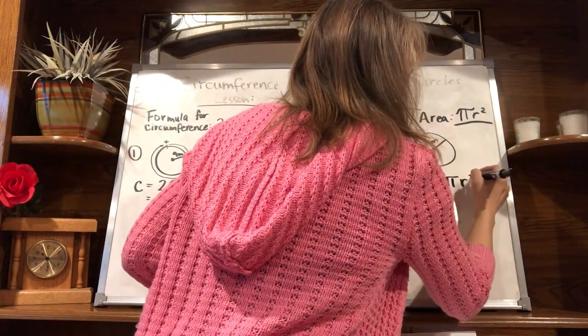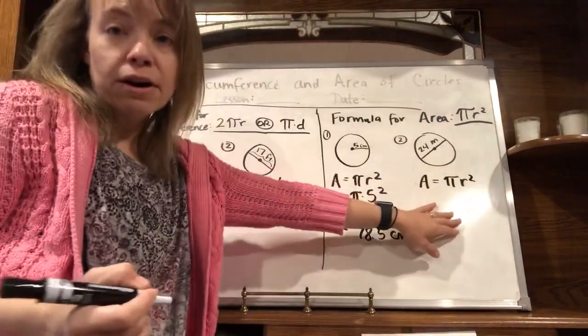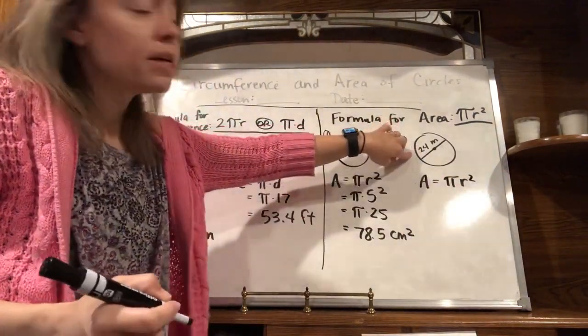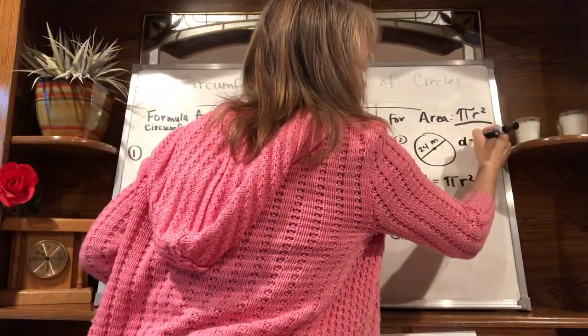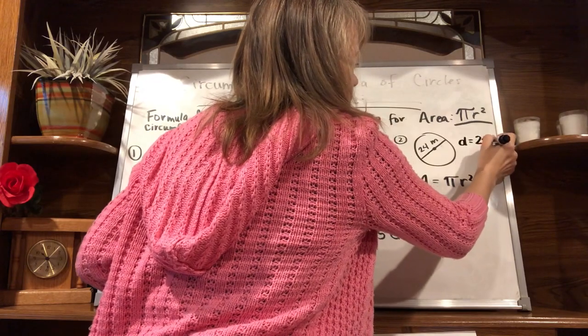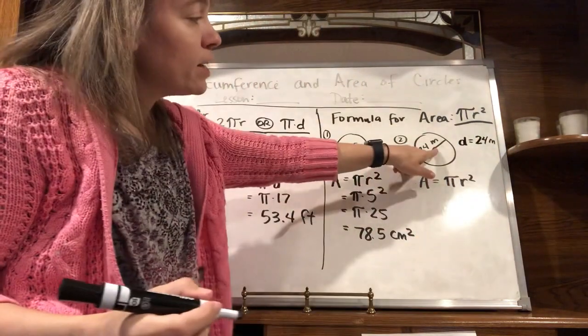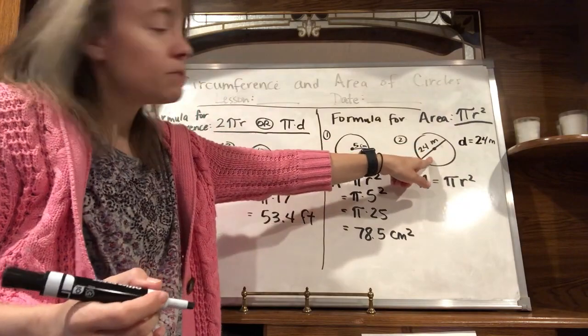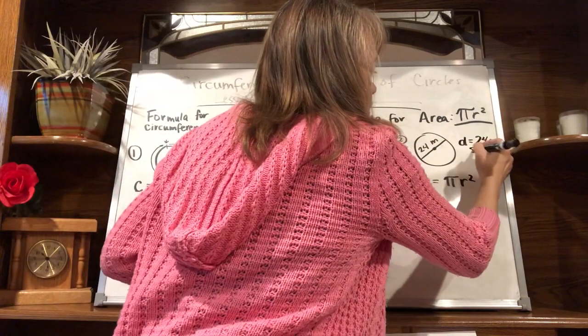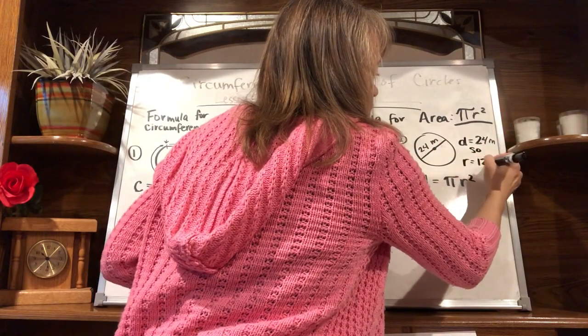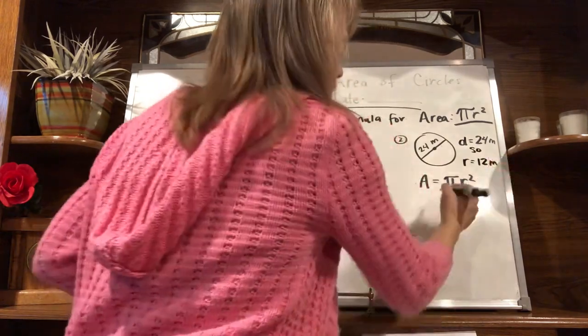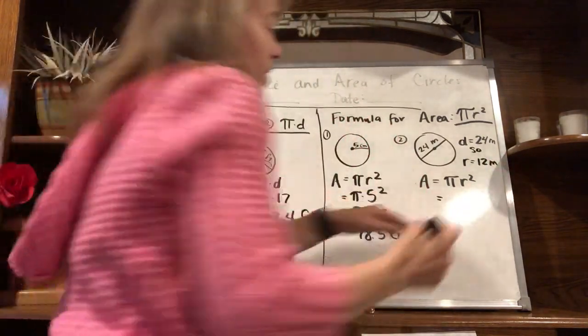Let's do this one. Area equals pi r squared. We have to have r in this one, and we have diameter. So if the diameter is 24 meters, then the radius is only from the center out, so it's half of that. So r equals 12 meters. Now we can fill in the formula right here.